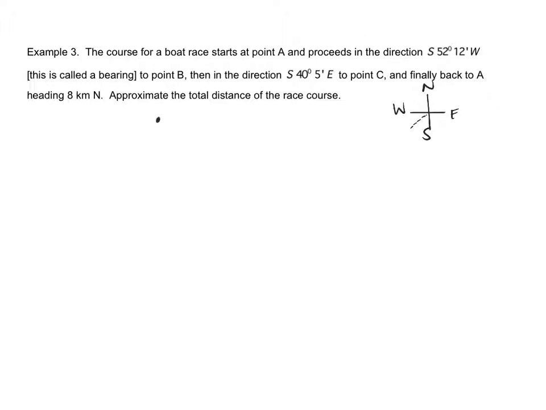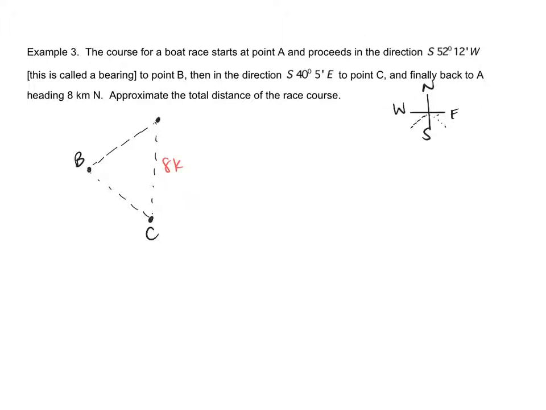And so we know we can draw a picture that looks like this. So B is going to be over here. We'll come back to what that actual angle is in a minute. And then we're going to go south 40 degrees, but 5 minutes east. So that's going to be kind of that southeasterly direction to point C. And then finally back to A. And that one we know is 8 kilometers due north.